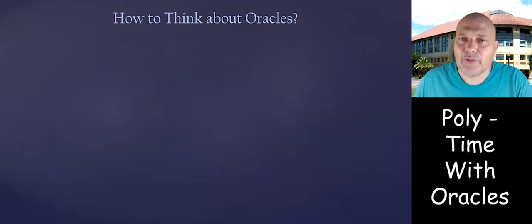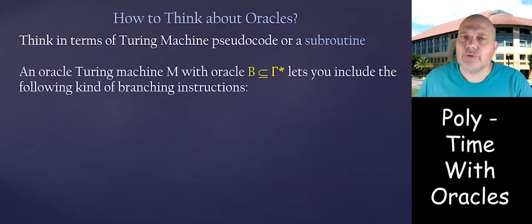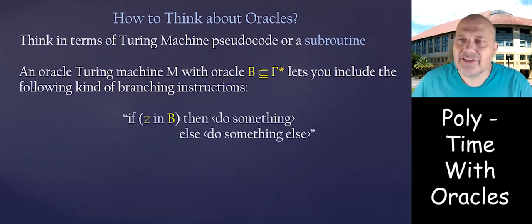So how do we think about oracles? We discussed it before. Think of them in terms of Turing machines, subroutines. So an Oracle Turing machine M with oracle B lets you include the following statement within your pseudocode: if Z is in B, so you query for Z, then you do something, otherwise you do something else.